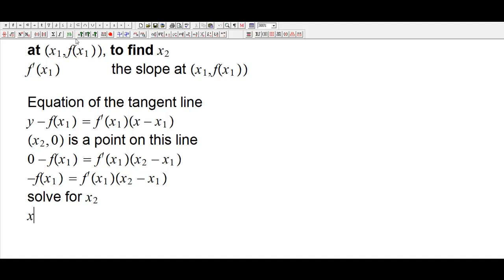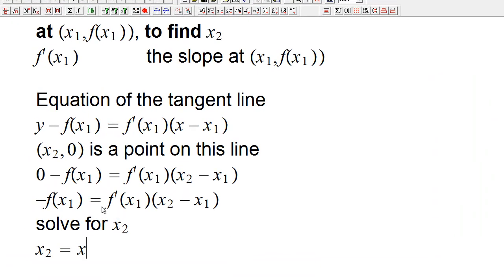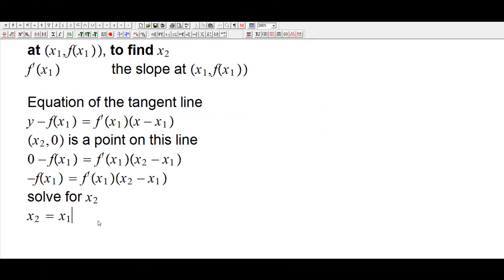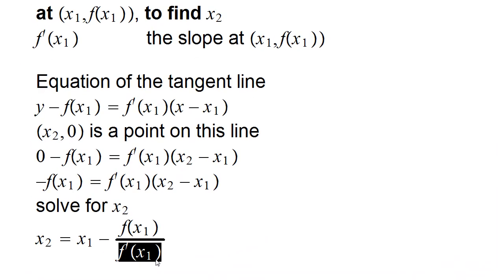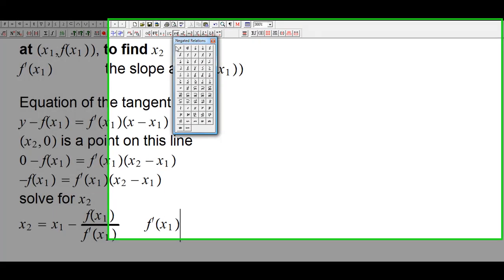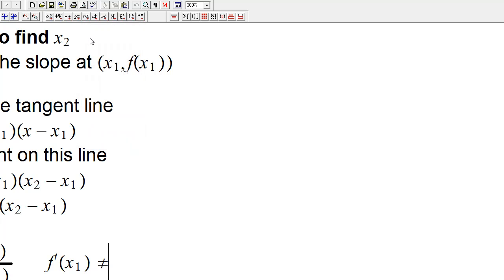Once you carry out the division, and move x1 to the other side, we have x2 equals x1 minus f(x1) divided by f prime at x1, with the condition that f prime at x1 is not equal to 0.